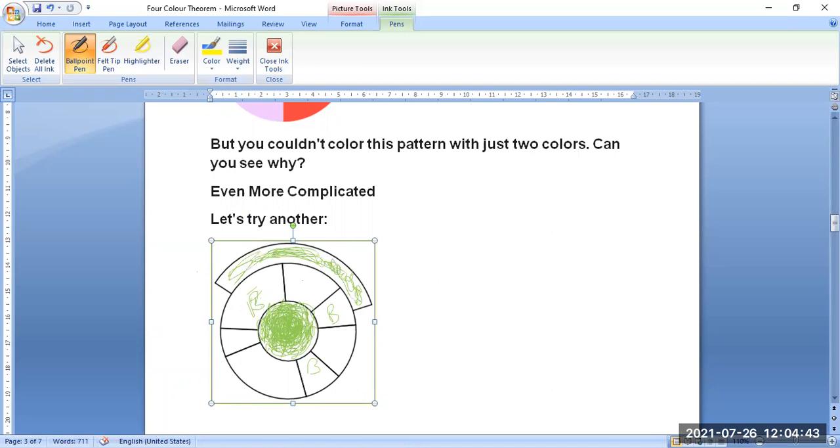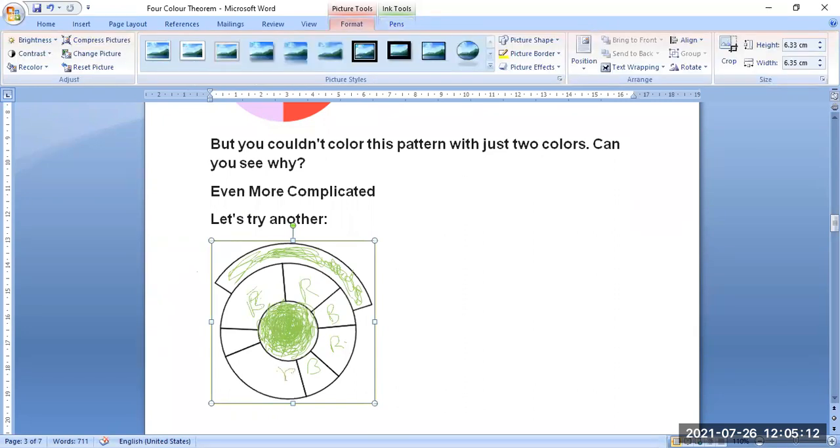And it is adjacent to 1, 2, 3. So here we can take the green, but this is green, so no green can come here. So if we take red here, then here also we can use red, here blue, here we can use the red color also, isn't it?